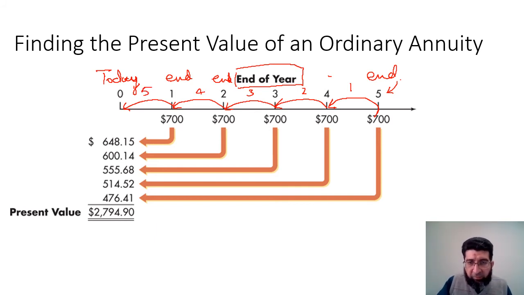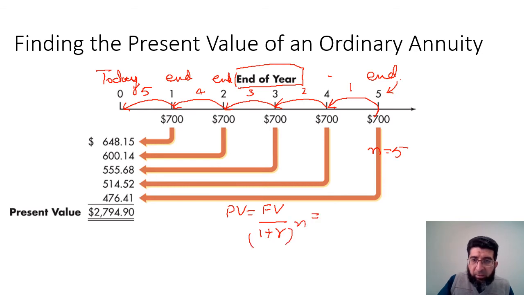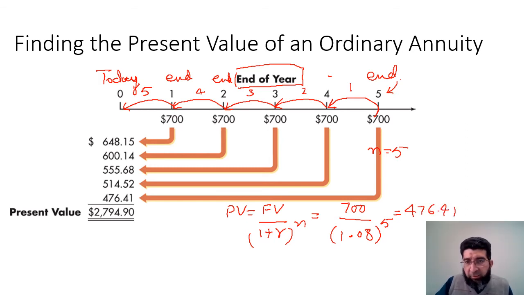So here we have N equals 5 years, and to calculate the present value for a single amount, I can use the formula present value equals future value divided by 1 plus R to the power N. That comes out to be 700 divided by 1.08 to the power 5, and the answer is 476.41. So this is 5 years discounting.